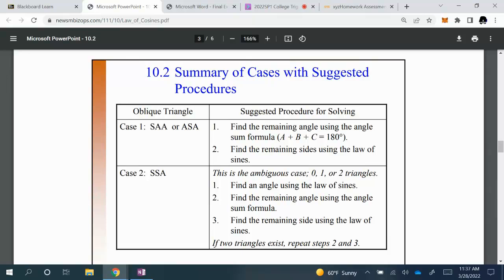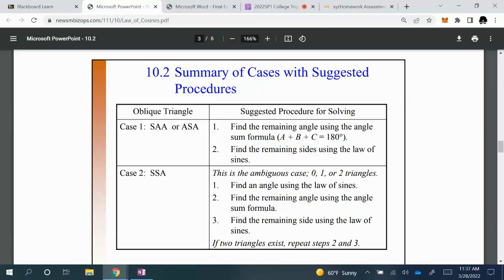So if you're given a side side angle set of measurements, the first thing you should do is find an angle using the law of sines. The second thing you should do is find the remaining angle using the sum formula. And the third thing you can do is find the remaining side using the law of sines. If you have a two triangle solution, you would just repeat steps 2 and 3.